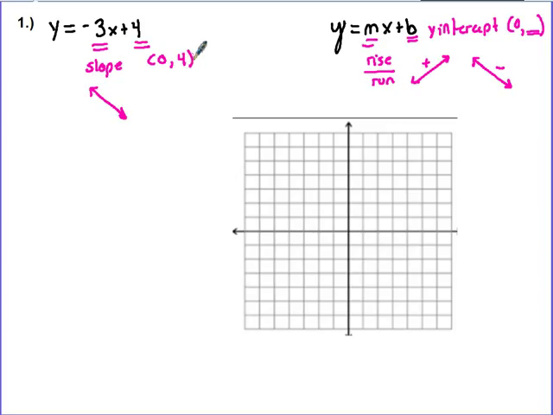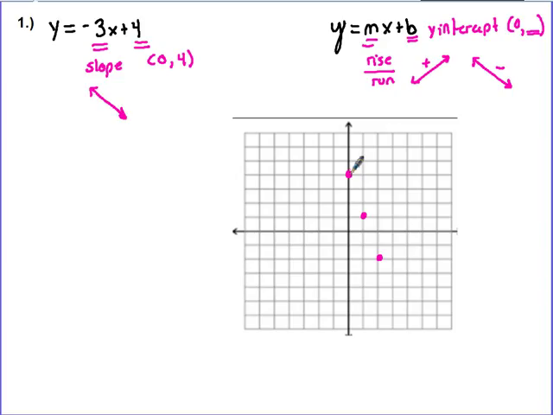If an equation is already in y equals mx plus b form, you first plot the y-intercept, 0, 4. You then use that as your starting point and use your slope to get your other points. Since my slope is negative, I'm going to go down 3, run 1.